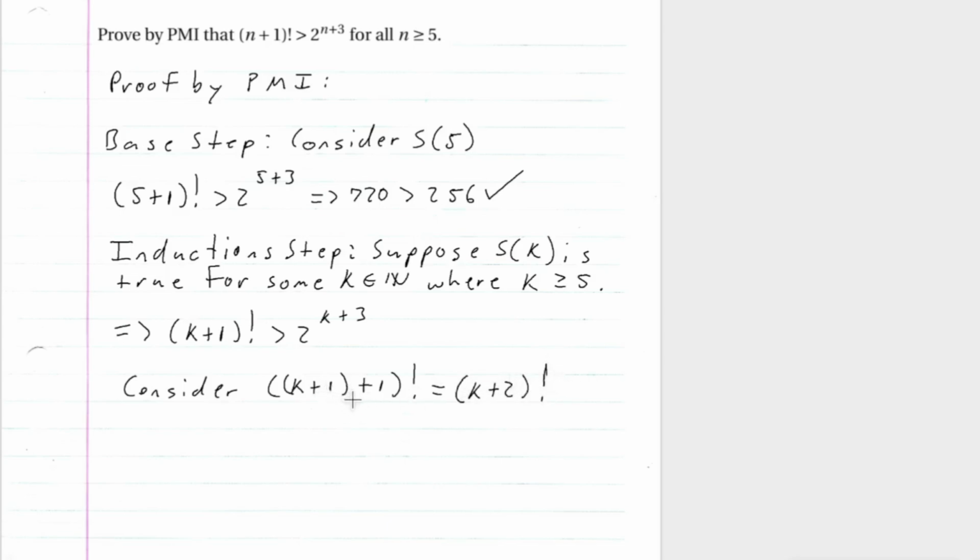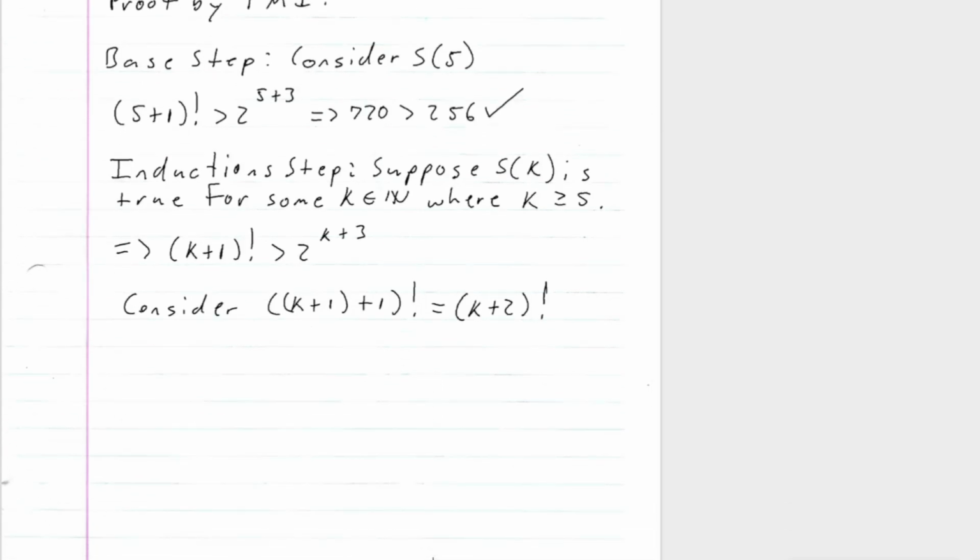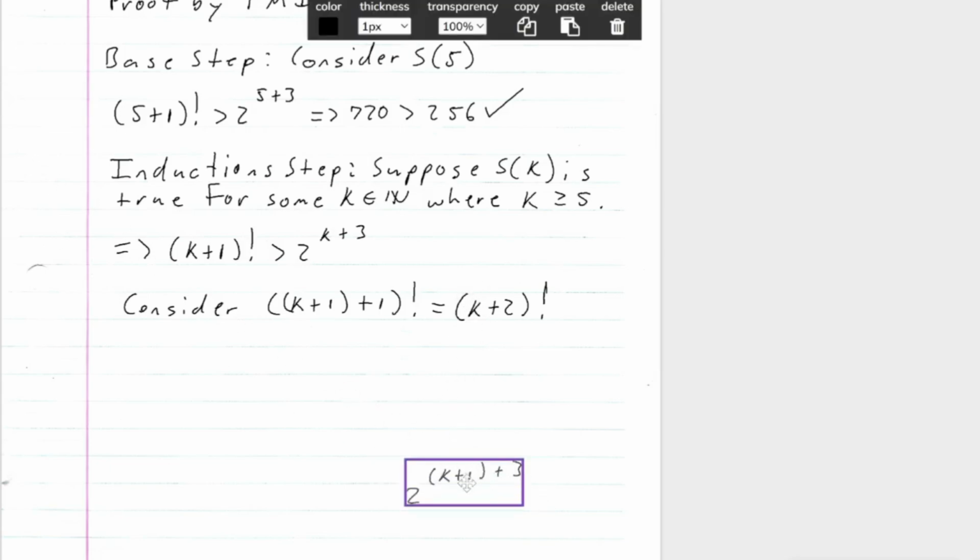And remember, we want to show that k plus 1 factorial is bigger than 2 to the k plus 1 plus 3, right? So eventually we want to get down to 2 to the k plus 1 plus 3 down here. And we're going to try to connect these two, right? Let me actually scoot it a little more.